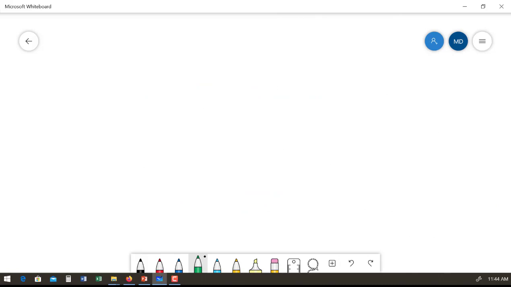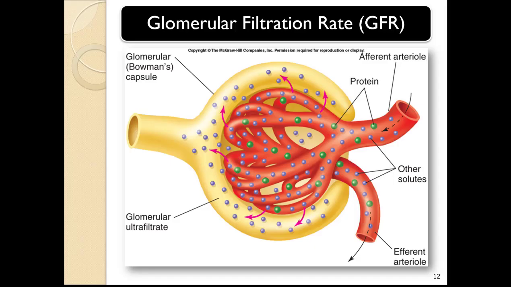So let's have a look here. Let me clear this off. This picture is basically showing an example of how you can measure and see glomerular filtration rate. Let me bring up my laser pointer. Up here on the top we have the afferent arteriole coming into the glomerulus, efferent out the bottom.